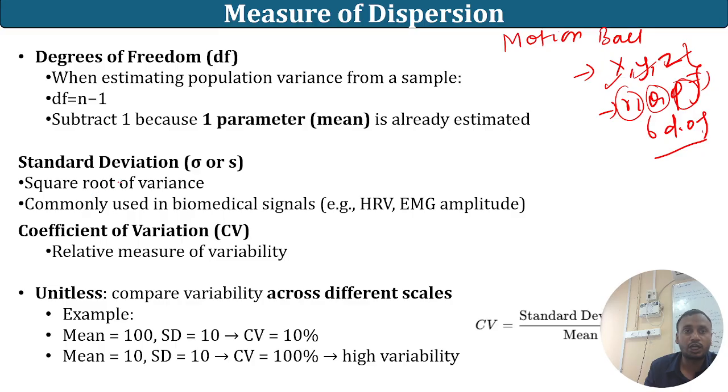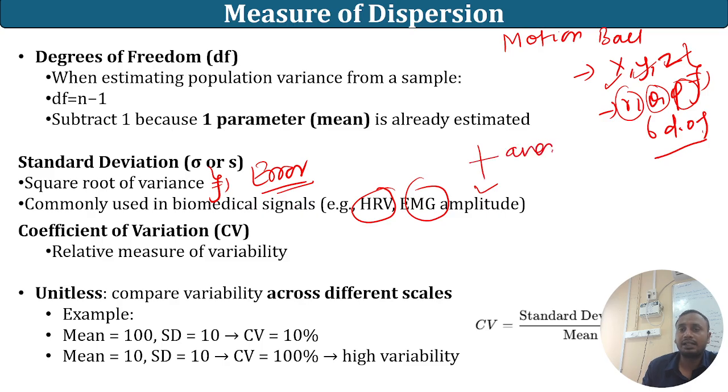Then we have the standard deviation. The standard deviation is the square root of the variance. It actually represents the error. It's commonly used in biomedical signals, such as heart rate variability and EMG amplitude. Whenever we calculate, say, average muscle activation, we have to tell, let's say 50 plus or minus what deviation.